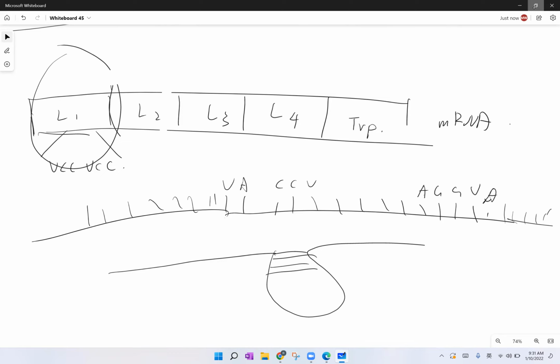We'll finish L1, we can make L2 and make L3 and then make L4, right? So is it possible for us to have L1 being translated and in the meantime, L4 is being transcribed? Is that possible in the bacteria? Why? So why, if not why? There's always a why.